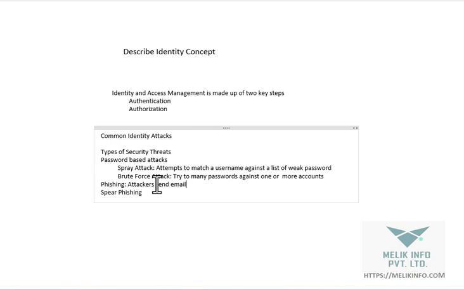You may get an email from your accounts department, so be careful. Remember that it is called spear phishing because it is highly targeted.